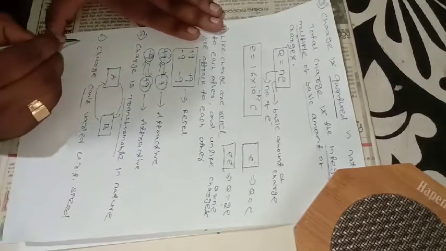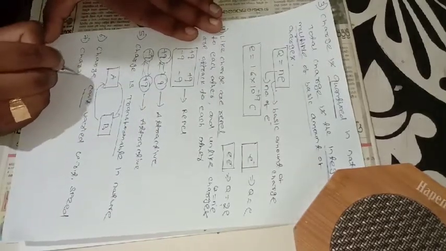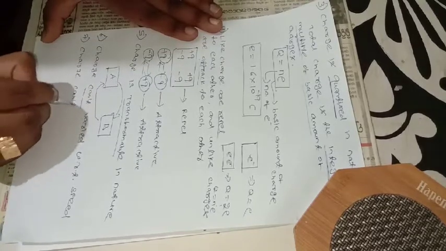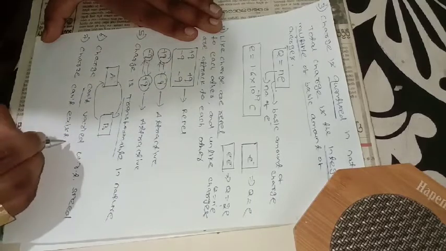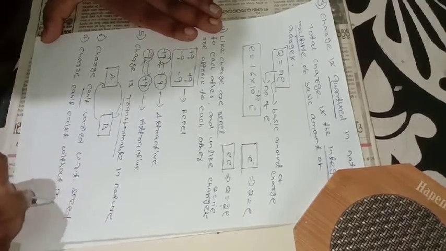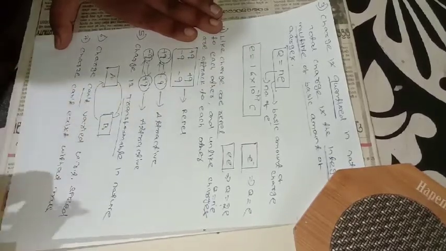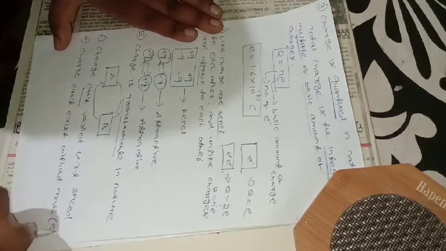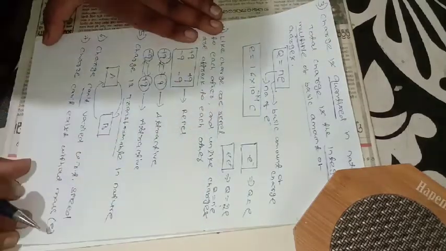Next point, this is a very important point: charge cannot exist without mass. That means charge has a small mass, the basic amount of charge e, whose value is 1.6 into 10 to the power minus 19 coulomb.